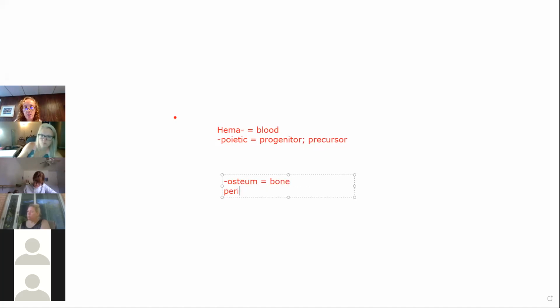Peri always means around, or on the periphery, surrounding. So periosteum is a tissue that's surrounding the periphery of the bone.